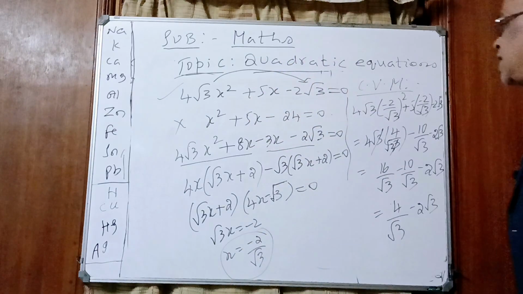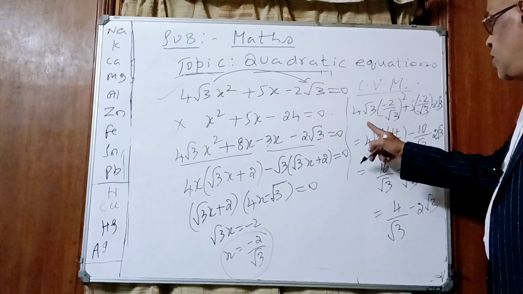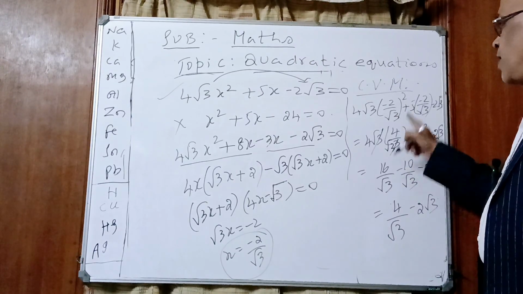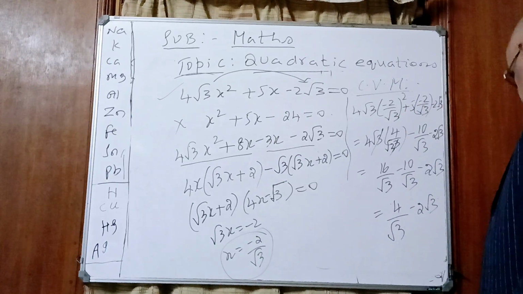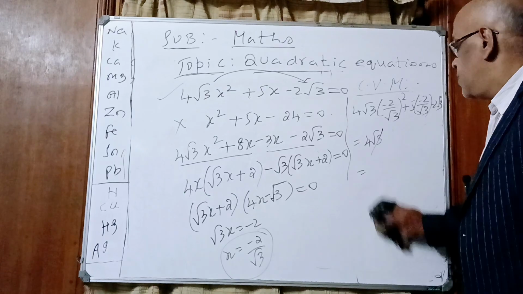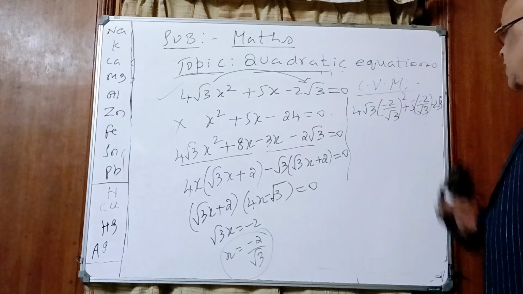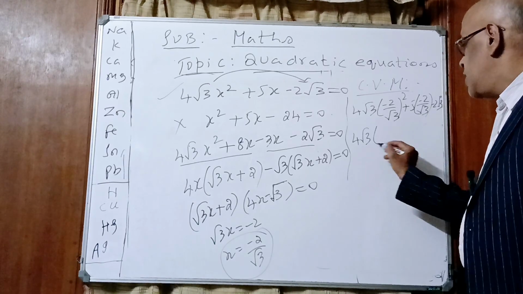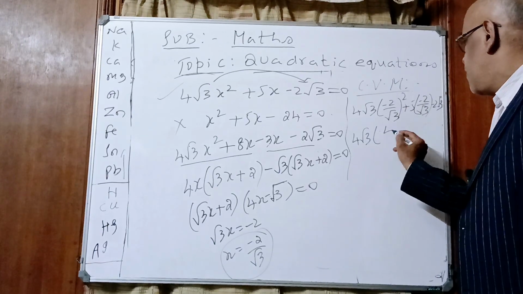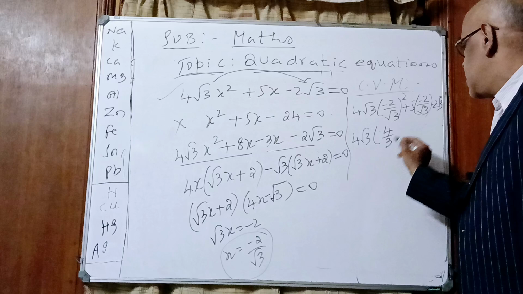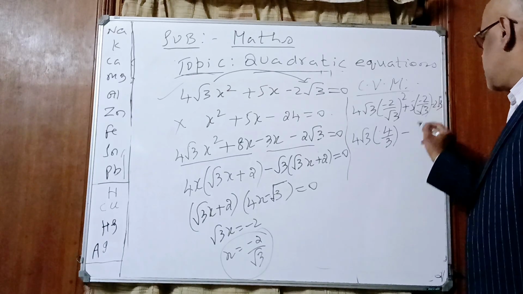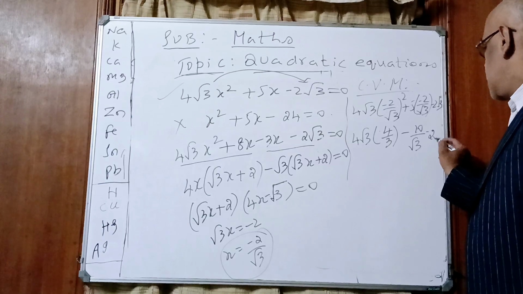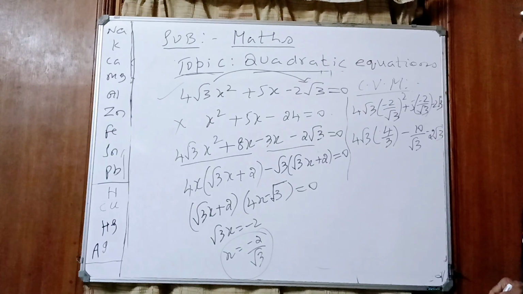First answer, yes or no? 4 root 3 into minus 2 by root 3 whole square. 2 square is 4, root 3 into root 3 is 3. What do we get here, children? 4 root 3 into minus 2 square, 4 root 3 square, 3 plus minus 10 by root 3 minus 2 root 3 should give us 0.